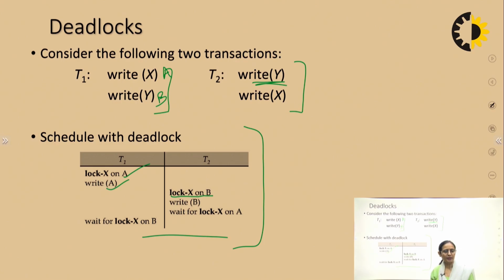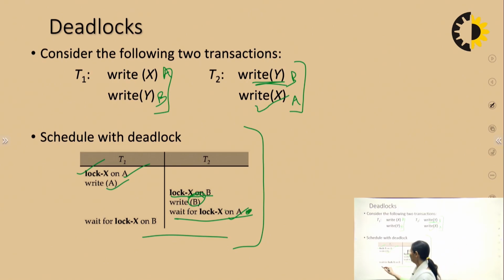It starts writing the data item B. Now it needs to work on A, so it sends a request for an exclusive lock on A, but this request will not be fulfilled due to my locking protocol. Lock X, because there is already an exclusive lock on A, so these are incompatible locks. So the transaction T2 will not get the lock on A.